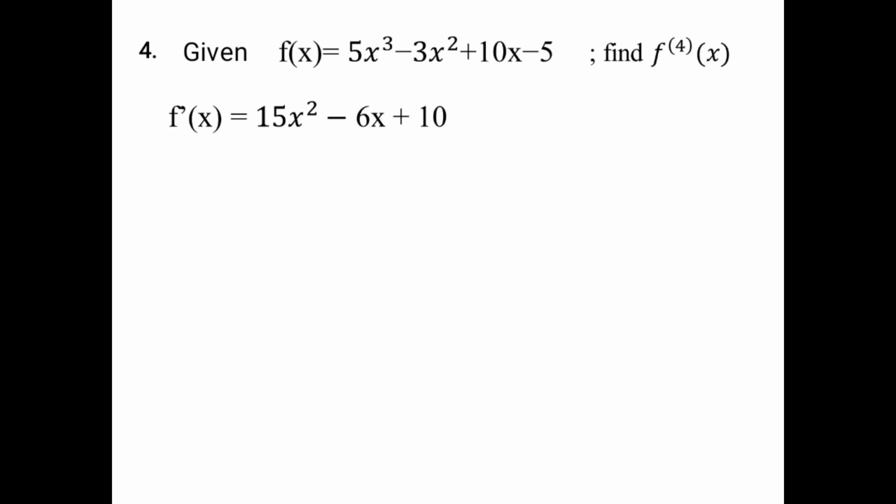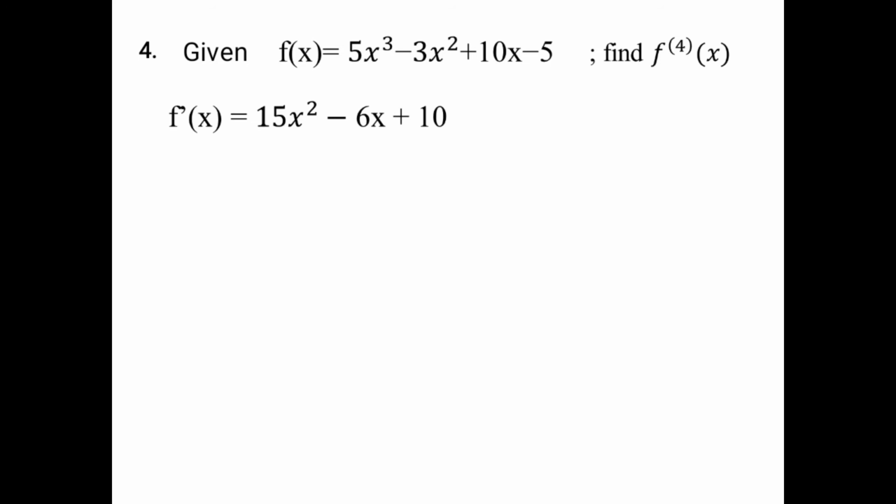That's why we don't have any variable here. And then on our last term, we have negative 5. From what the constant rule says, the derivative of a constant is always equal to 0. That's why we don't have the derivative for the last term here.